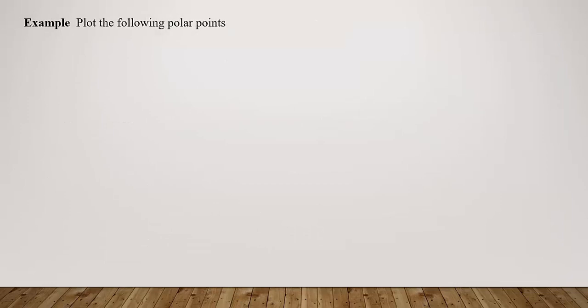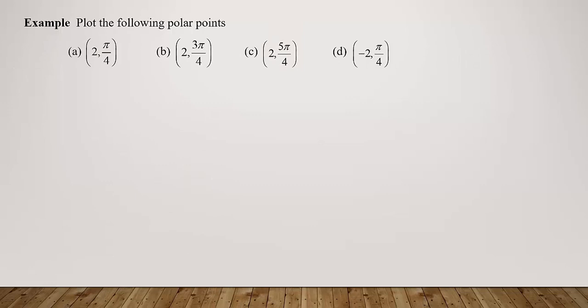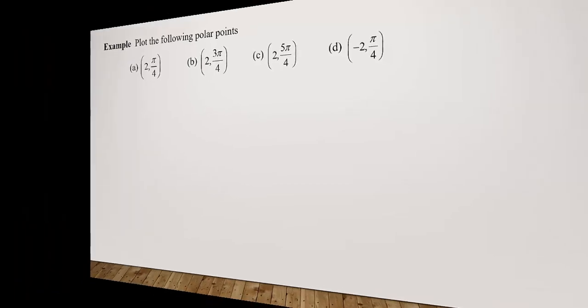So in this example, we're going to plot 4 polar points. Polar point (2, pi over 4), the polar point (2, 3 pi over 4), the polar point (2, 5 pi over 4), and the polar point (-2, pi over 4). So let's head off to the chalkboard to plot these polar points.